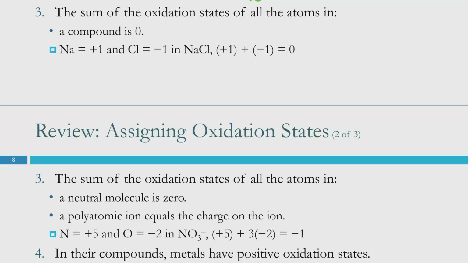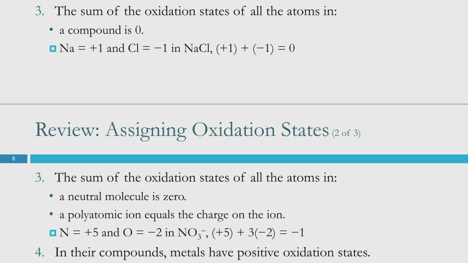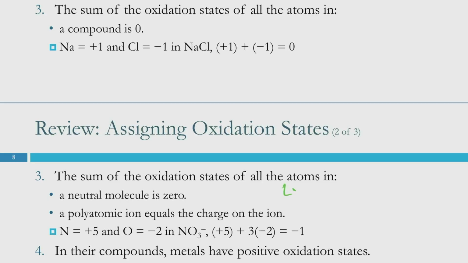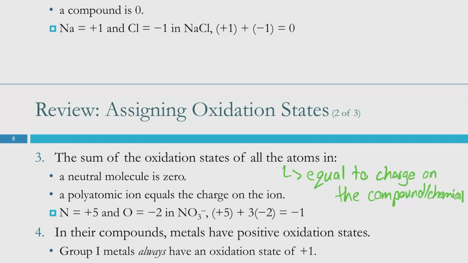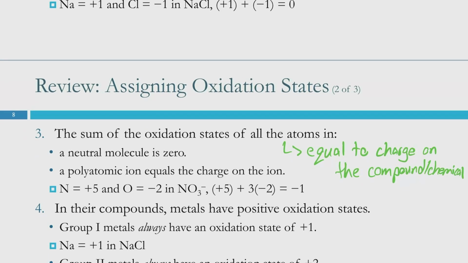For polyatomic ions, it has to add up to whatever the total charge is. So equal to charge on the compound / chemical. That's really, in a way, not different from Rule 2. We're just expanding it to multi-ion or multi-atom groups.